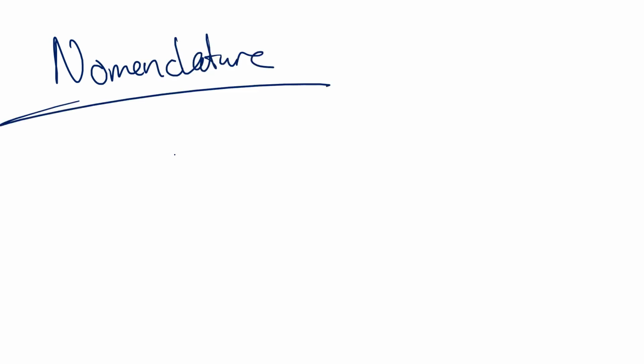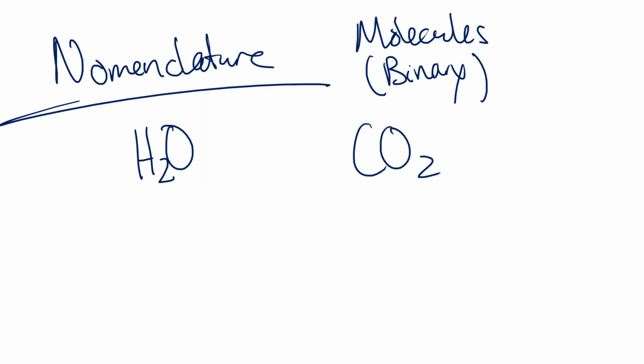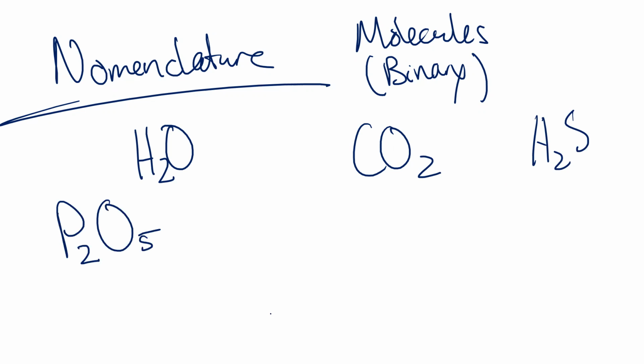Okay. This nomenclature is very easy for the molecules that we're talking about, which are going to be binary. Okay. We're just talking about 2 elements, something like H2O, CO2, H2S, P2O5.